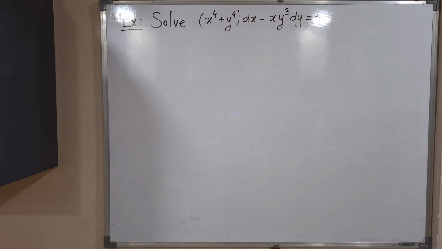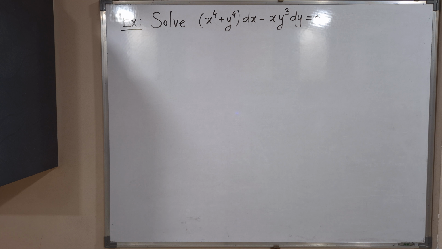We can say the given differential equation is exact if you have a differential equation like this, M dx plus N dy is equal to 0, where M and N are functions of x and y.